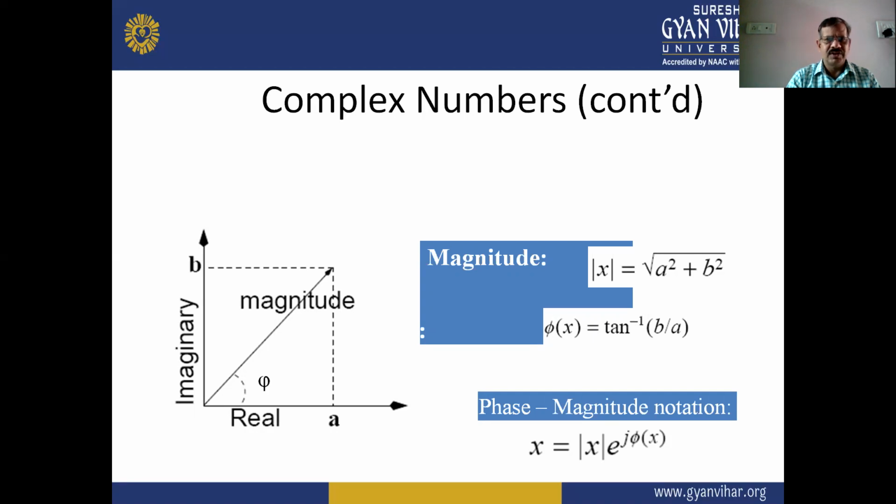In this figure, the imaginary part is taken on the y-axis and the real part on the x-axis. So the resultant magnitude is the square root of a squared plus b squared of the complex number a plus jb.